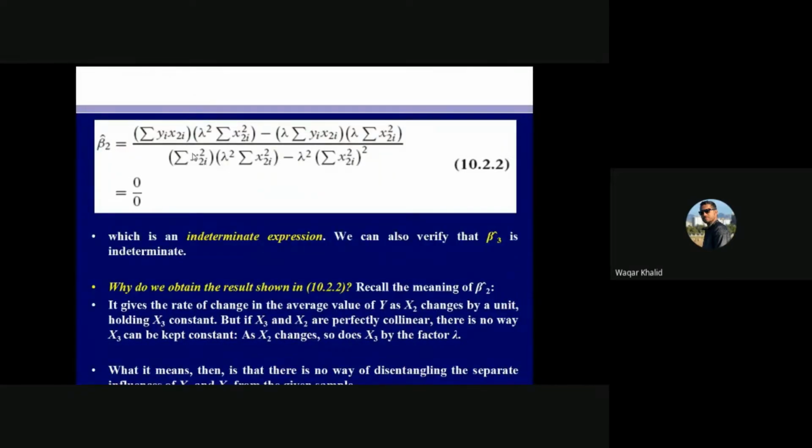You will get 0 in the numerator as well as 0 in the denominator of the given expression. This is indeterminate. We cannot determine it. It means that if we have the case of perfect linear relationship, we cannot determine the regression coefficients.